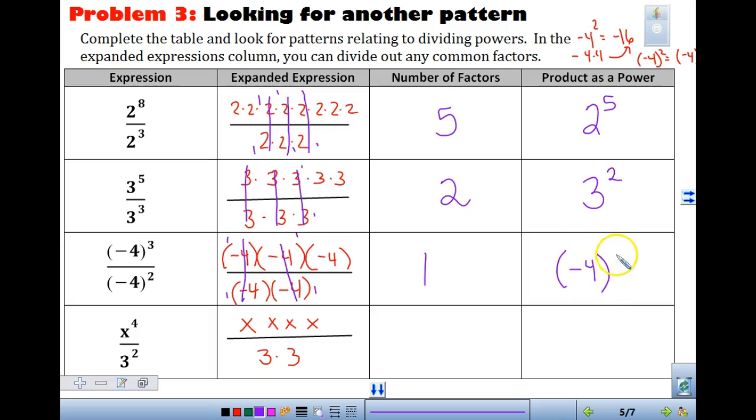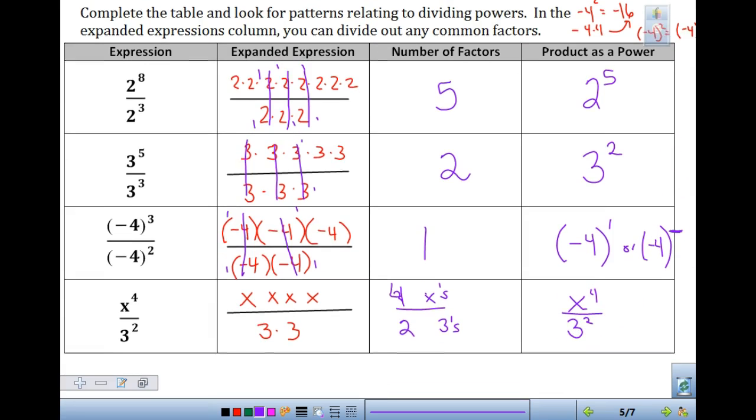If it has a negative number in that, I would take it to the first, or I would just take -4, because it's understood if we don't put a number there that it's always a 1. And then the last one, we're going to say that there were 4 x's, right? And there were 2 3's for our factors. And that stays as x to the 4th over 3 to the 2nd.